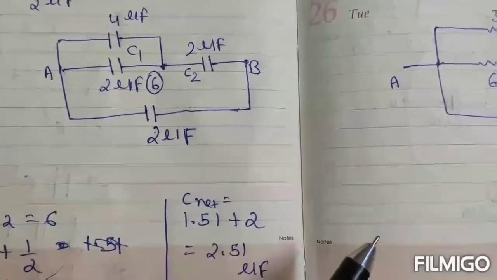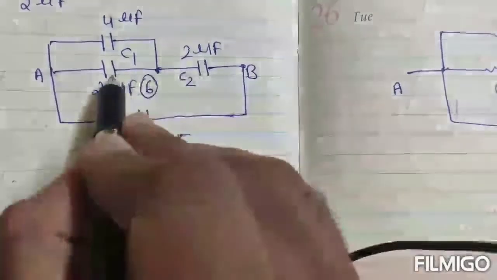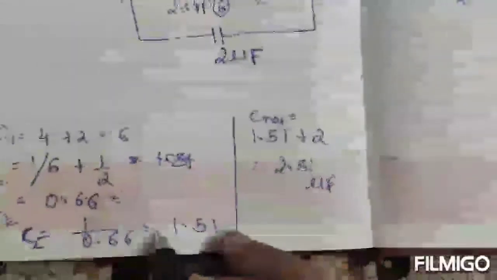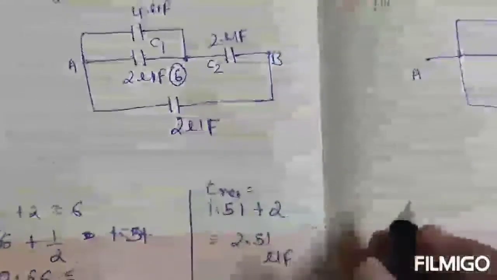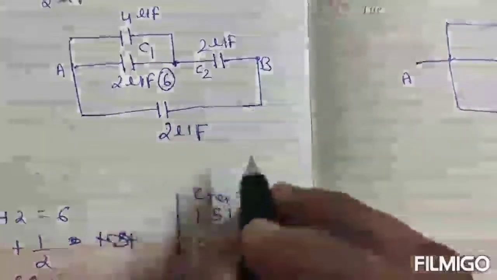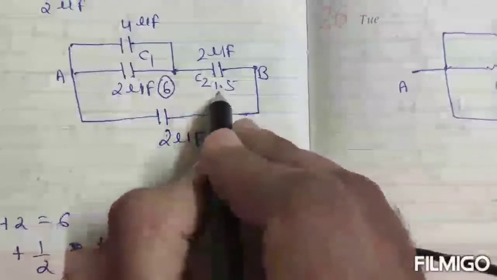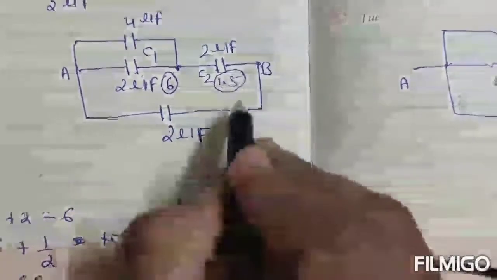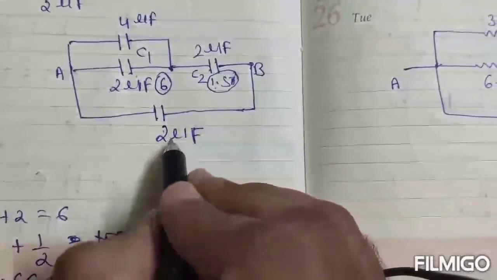Now this whole answer is in parallel with this one. If parallel, there will be a simple addition. What answer did I get between this and this? The answer I got is 1.51. So this is in parallel with which one?